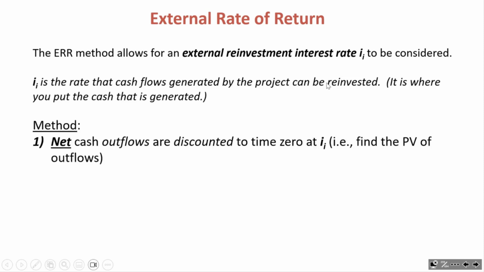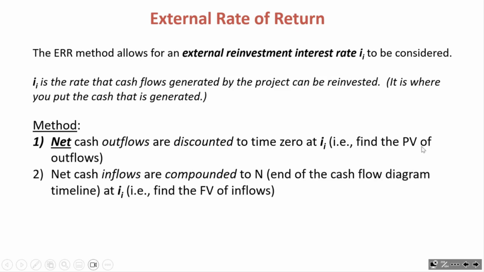So here's the method. You put together a cash flow diagram of all of your inflows and outflows. And then all of the outflows you discount to the present, time 0. And you use the external reinvestment rate as the interest rate that you do the discounting. So find the PV of the outflows.